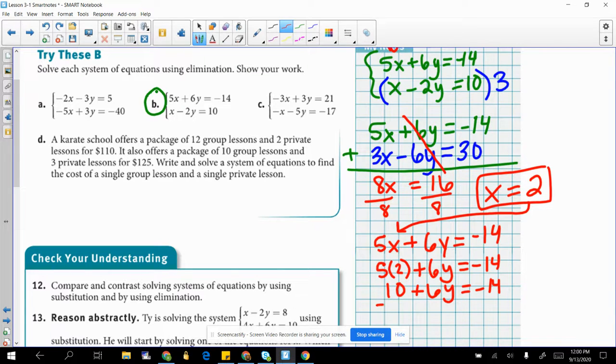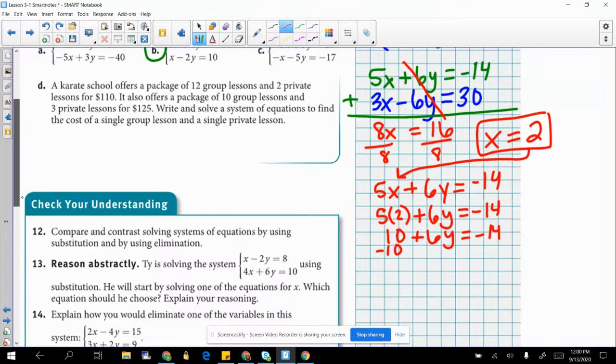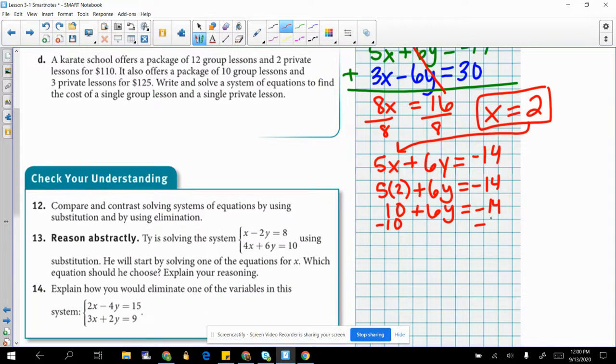I'm going to subtract the 10 over, and be left with 6y is equal to negative 24. And then divide by 6 on both sides to get y equals negative 4.